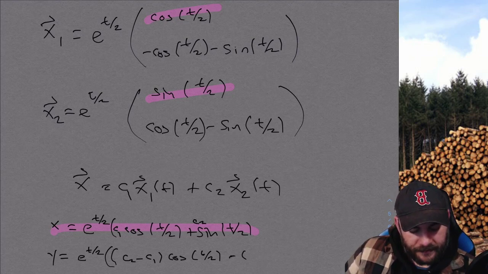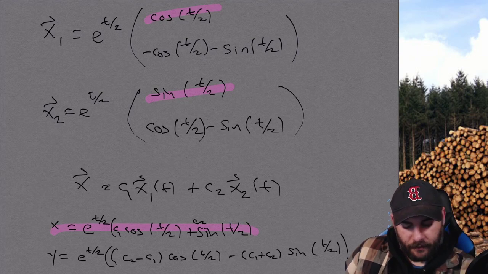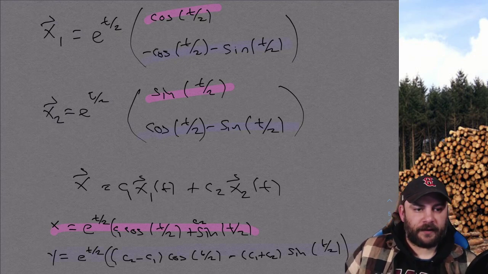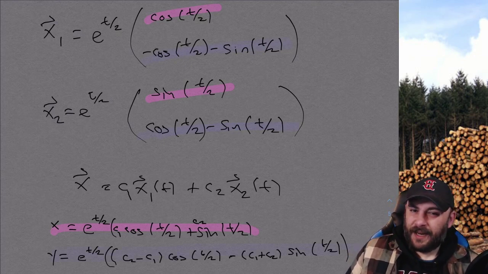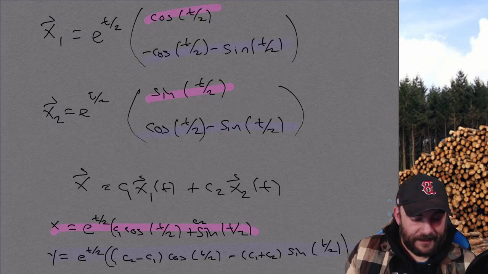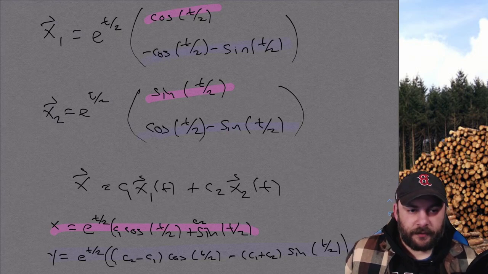So minus C1 plus C2 sine t over 2. And all that comes from reading the bottom row here. I don't know if you can see that purple. Can you? Oh, yeah, you see the purple. That goes right there. Okay, that's a complex valued one. I really do hope that helps. It's a little hinky, but hey, it is what it is right now.